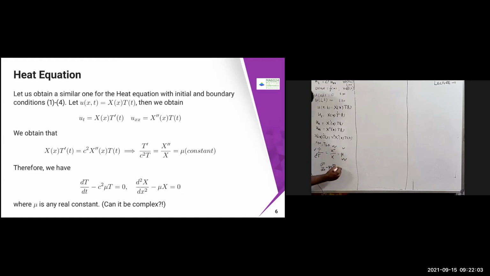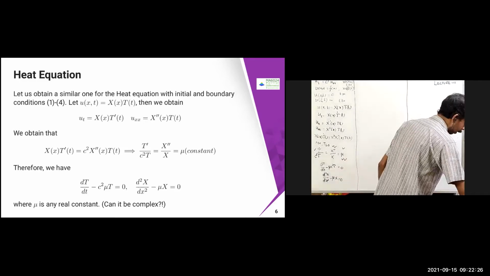So in this case, it becomes x d square X by dx square minus nu X equal to 0. So two equations I have. Sorry, nu X only, not nu square. Where nu is any real constant. Can it be complex? Let us see that.